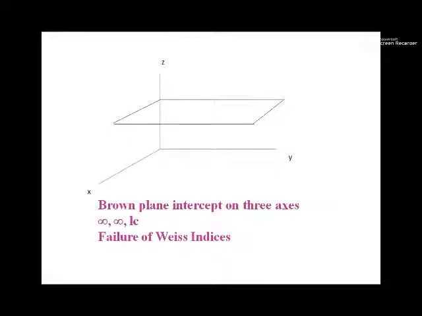Okay, so the brown plane intercepts the three axes with this proposition: infinite along the y-axis, infinite along the x-axis, and LC amount along the z-axis. So according to these Weiss indices, the indices of this plane will be infinite, infinite, L, but infinite indices are not defined, because you cannot define an infinite-index plane for a crystal system.